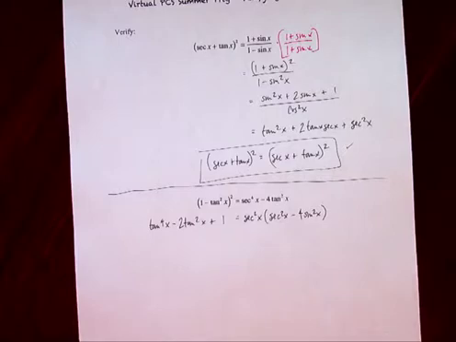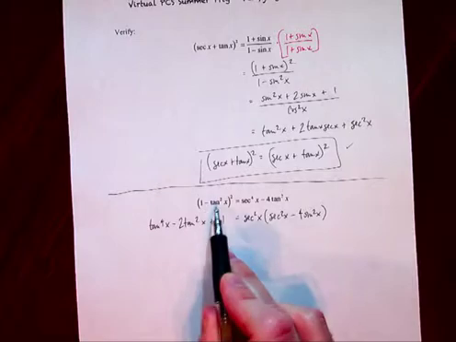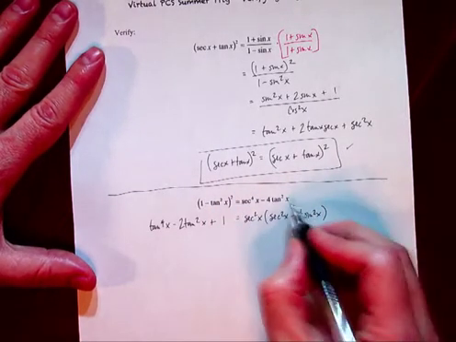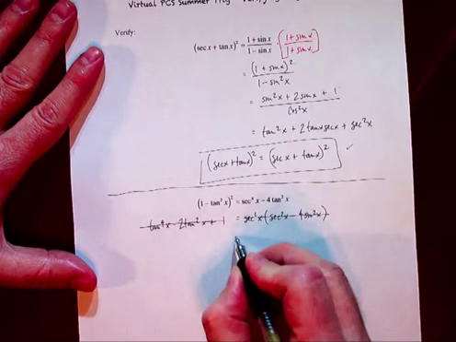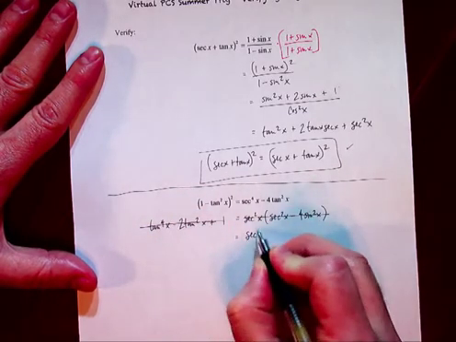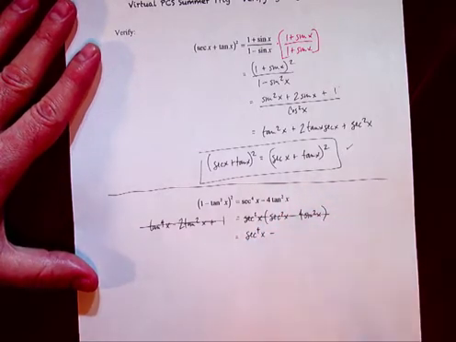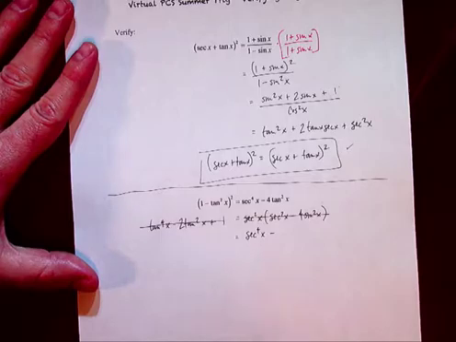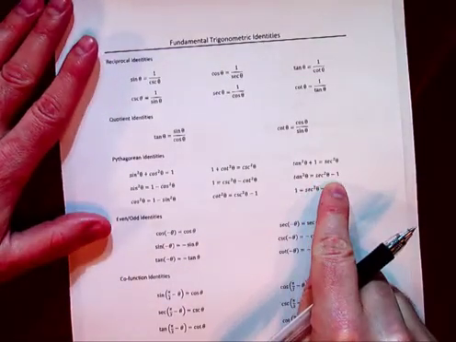Well, I also know that I don't necessarily have to treat it like tangent x, okay? Both of these can be transformed. Let's go ahead and ignore these. If this is secant to the 4th x, I remember that tangent squared is secant squared minus 1.